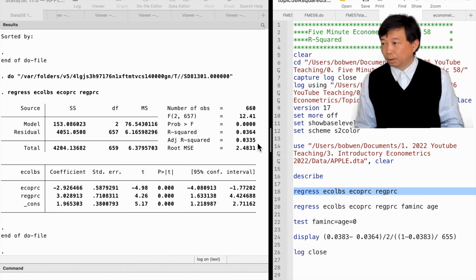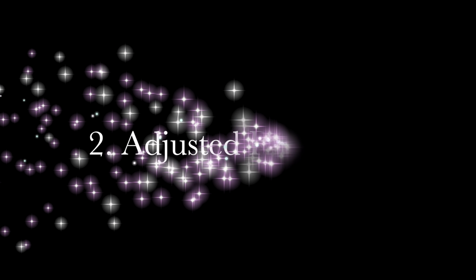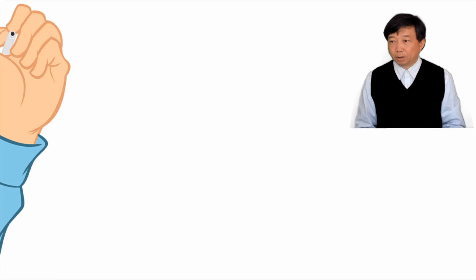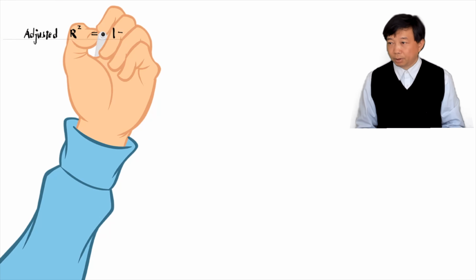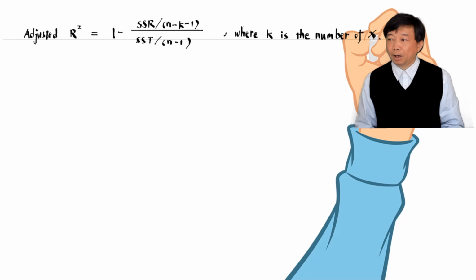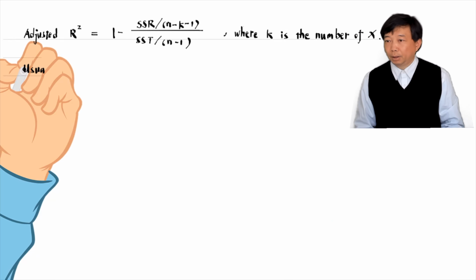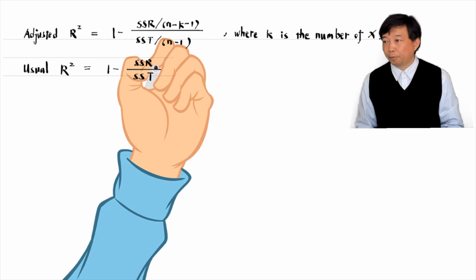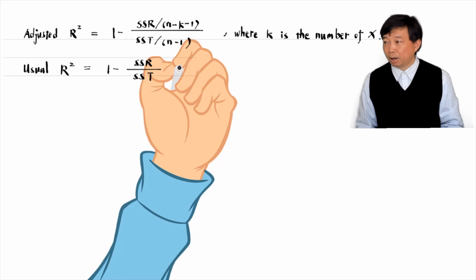We can also see the adjusted R-squared below the usual R-squared. The adjusted R-squared has been adjusted by the degrees of freedom. It is defined as follows. Compared to the usual R-squared, the adjusted R-squared imposes a penalty for adding additional explanatory variables to the model.